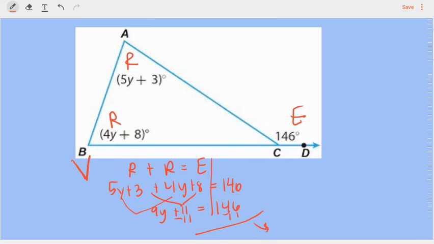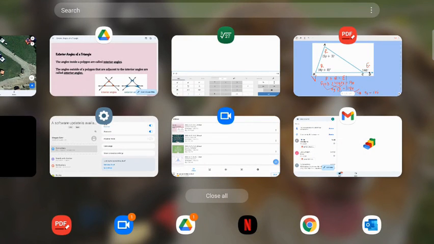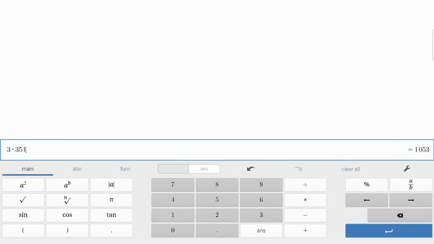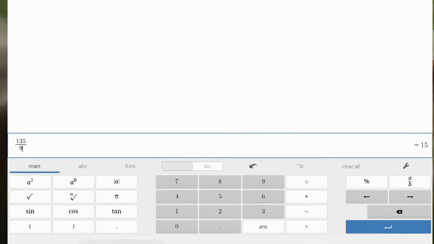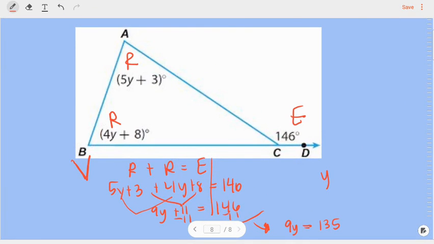I'm going to bring my work over here because I ran out of room. 9y is equal to 146 minus 11, which is 135. We're going to take our handy dandy calculator and divide by 9. 135 divided by 9 is 15. So y is equal to 15. And this time it doesn't ask me to find the exterior angle, I already know it. We're just going to find y.